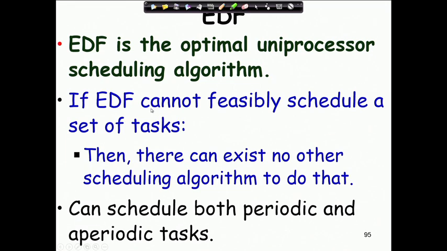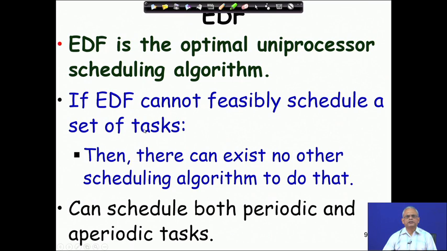It is optimal. First of all, for any complex task set with very challenging deadlines, EDF can find a feasible schedule. Not only that, it can schedule both periodic and aperiodic tasks.